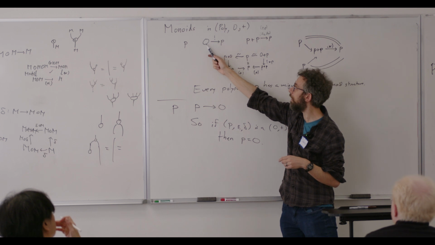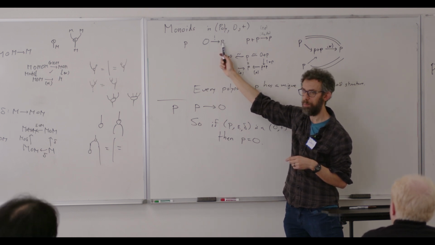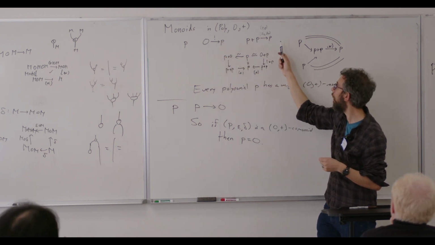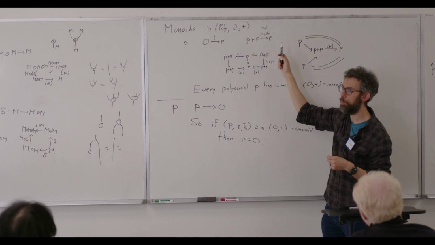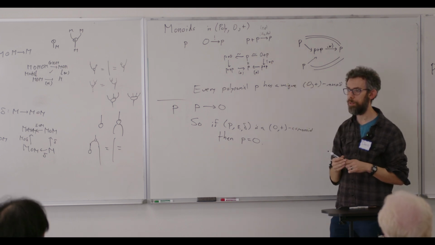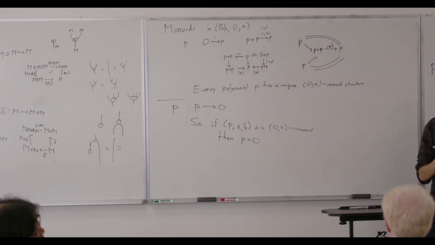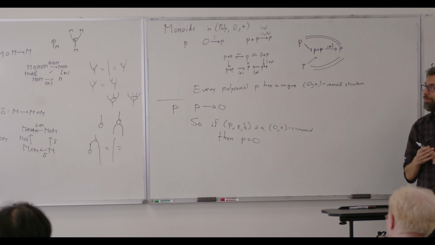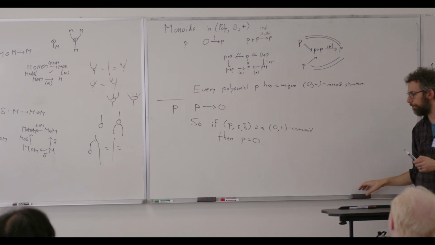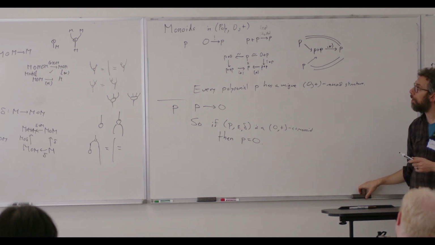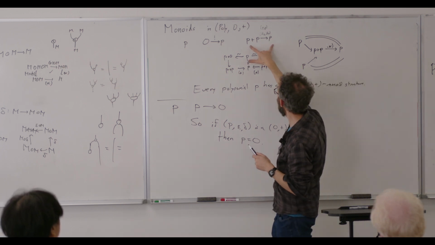You're required to make the map from 0 to p be the unique one, and you're required by the laws to make this one be the fold, the universal property of coproduct. I'm sorry, I'm just not following the fold thing. Can you explain that p plus p goes to p with identity on p? What map is this?